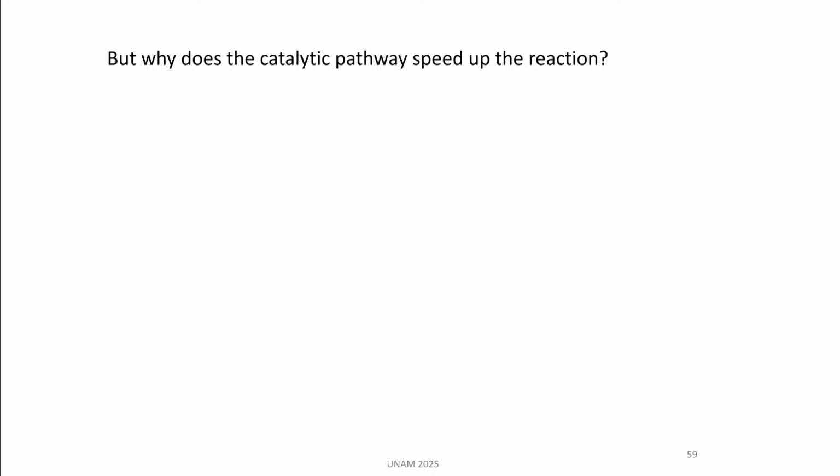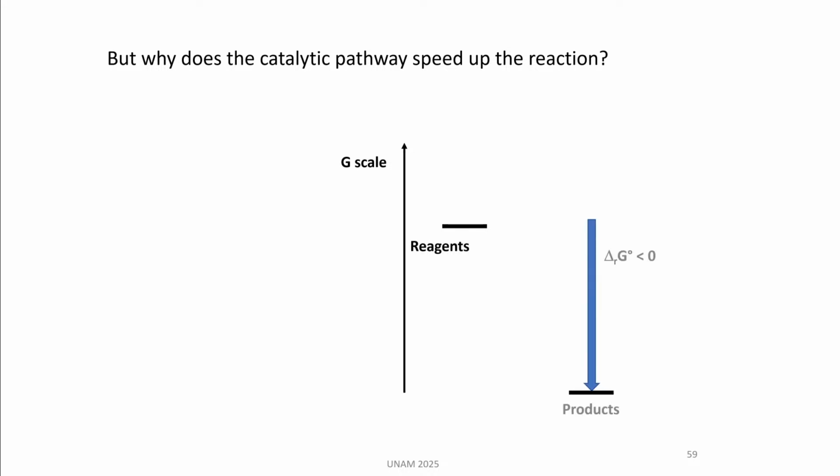But why does it make the reaction faster? Well, then we need to look at things not really on the thermodynamic level, but on the level of the single molecule. Let's write a vertical scale of free energy. And here we have a reaction, reagents to products, with a negative delta G0, the products are lower.